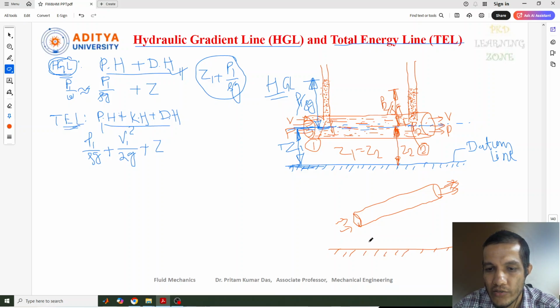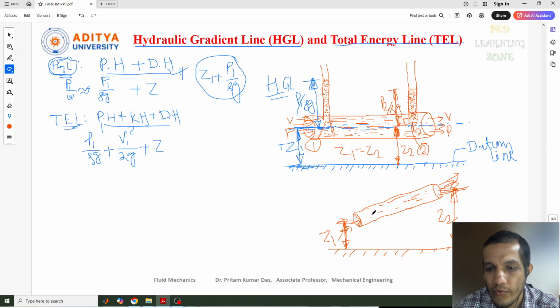Based on this reference line, let's find the height of the liquid, or the head of the liquid from the datum line. This is Z1 at the inlet point. But when the fluid flows through the pipe and leaves at the outlet, what is the height or head of the liquid there? That is Z2. This is for the inclined condition.